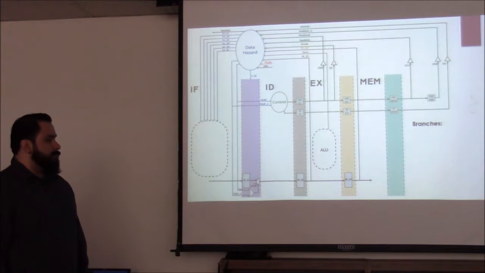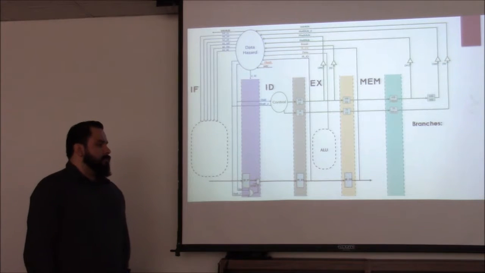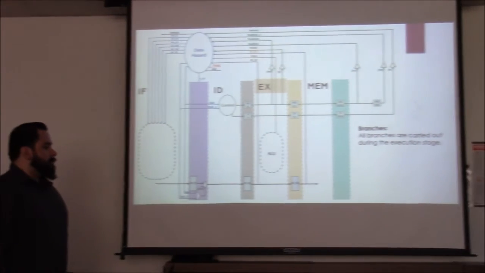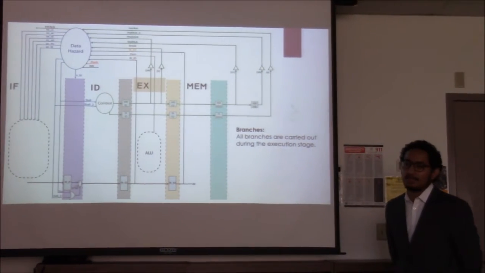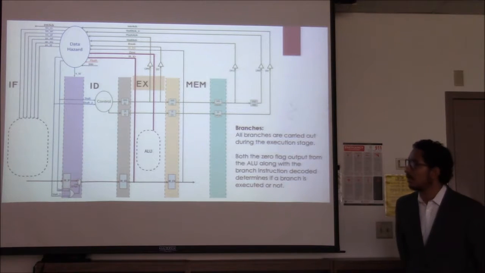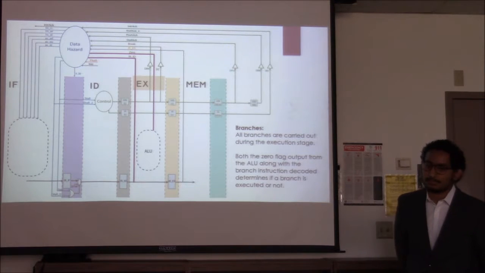So the first thing the data hazard does is implements branches. All of our branches are being done in the execution stage. The processor uses the ALU to calculate the operation required by the branches, and the data hazard uses the zero flag generated by the ALU to determine whether or not the branch passes or fails.